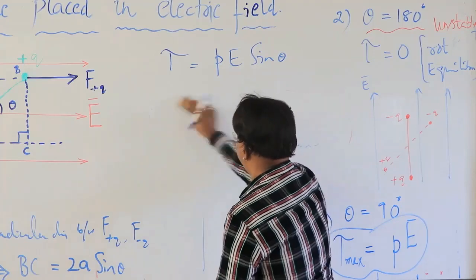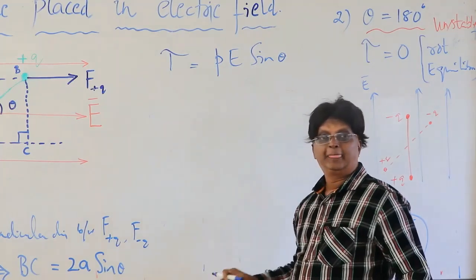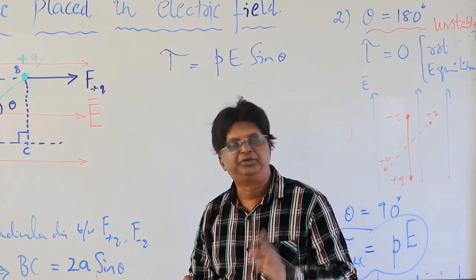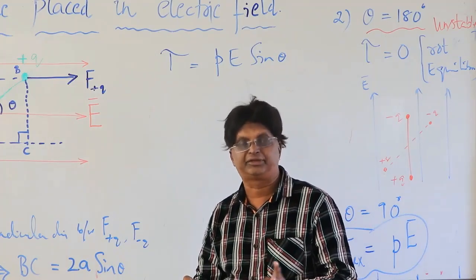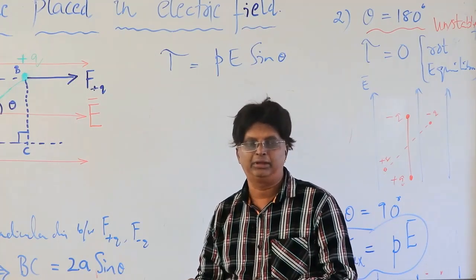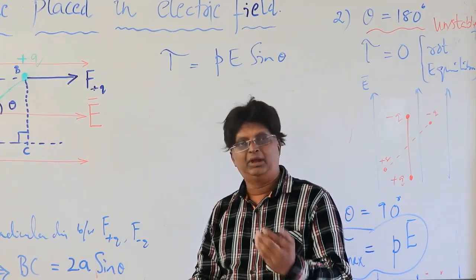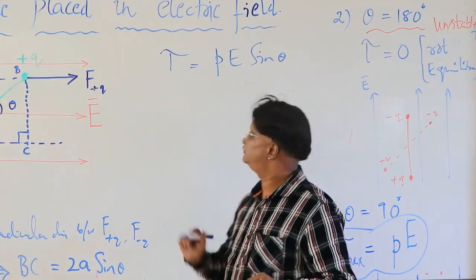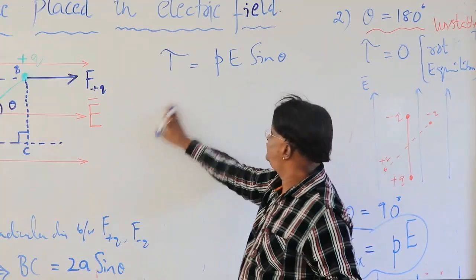In fact, if you remember, I have given you a small technique to define a parameter or a unit in physics, using the mathematical expressions which we call equations or formulae. What is that? You see here, tau is equal to PE sin theta.